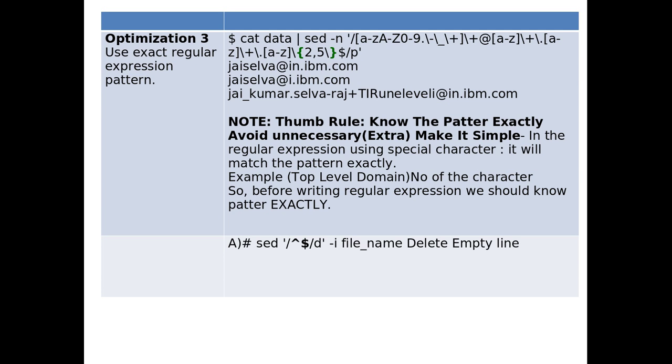These are also specified, and I explained the thumb rule I mentioned earlier. This is optimization 3. And next I try to explain the symbol to remove the empty line.